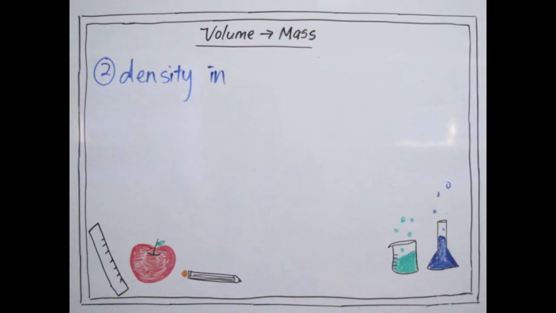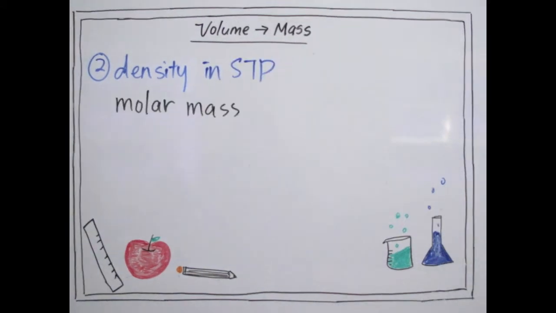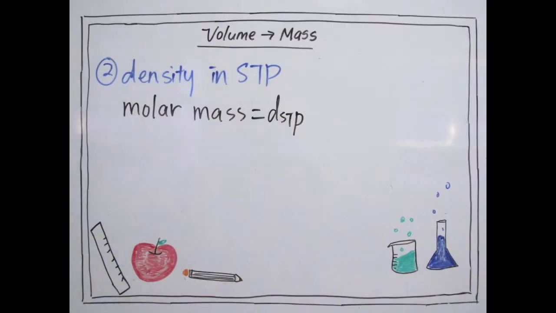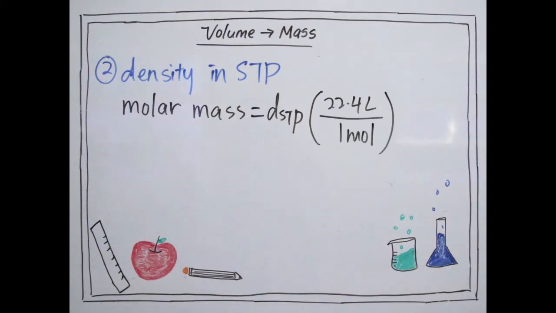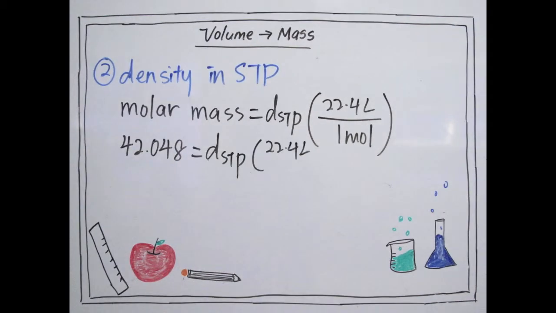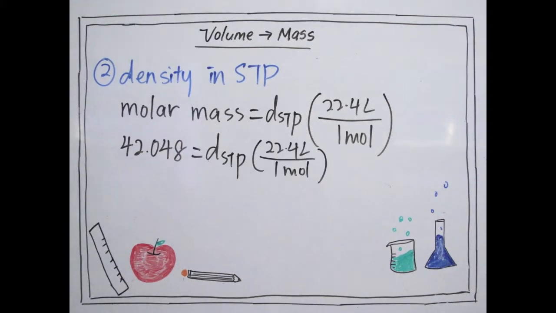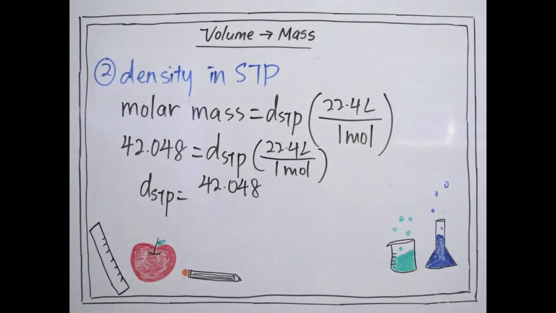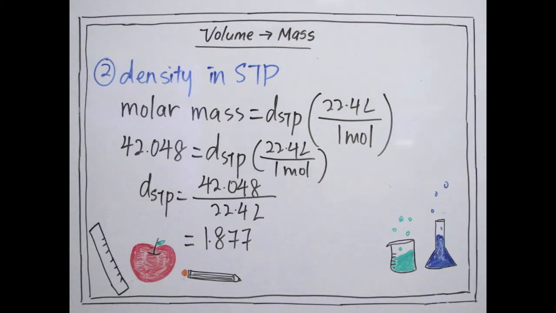The second step is to find the density at STP. The formula is molar mass equals density times 22.4 L per mole. So the density is 1.877 grams per liter.